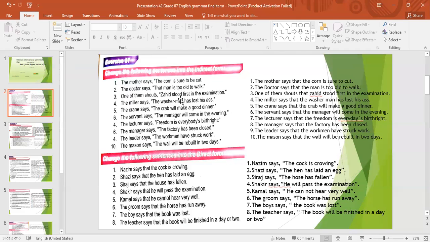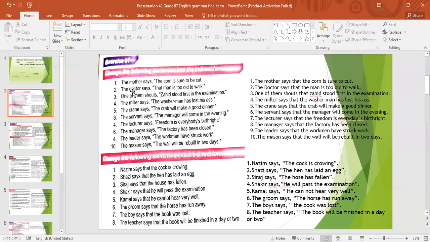Before starting, I want to inform you that when the reporting verb is in the present tense, there is no change in the tense of the reported speech. If this part of the sentence is in the present, like "says", then there will be no change in the tense in indirect speech. It means we will just put "that" as a conjunction to make them indirect.